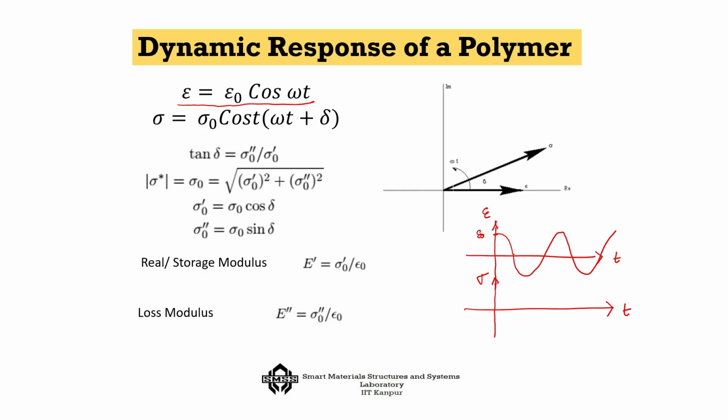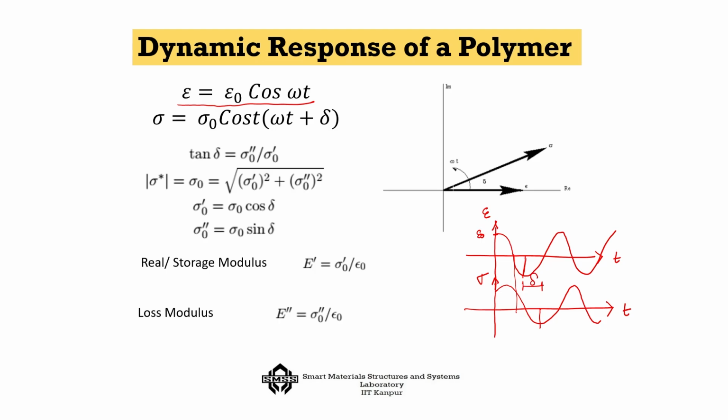Say, for example, this is the point where you are supposed to get the 0 strain; you are going to see a slight phase difference in the system. The frequency does not change, but the amplitude position got shifted from here to here, and this shifting is by a phase of delta.